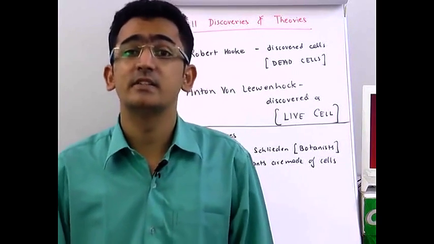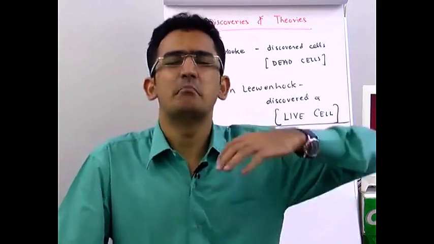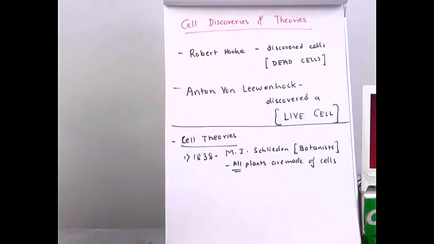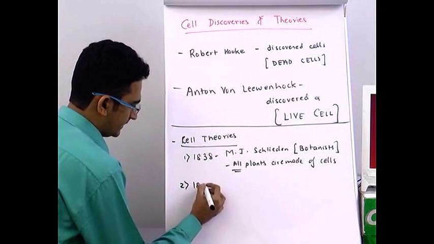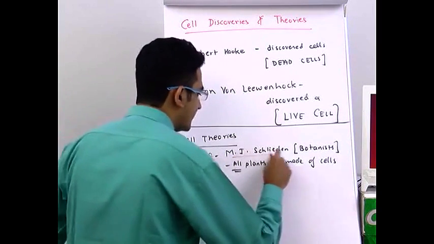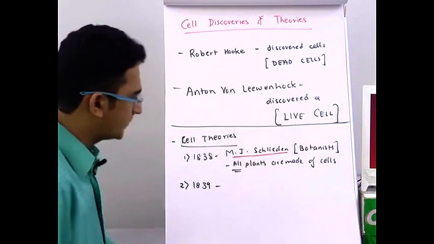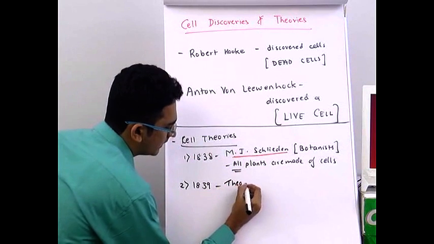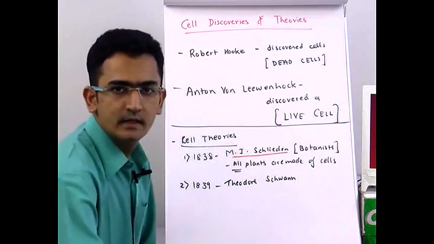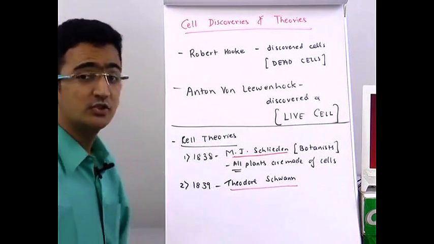It was a big scientific discovery which M.J. Schleiden had proved after doing multiple experiments on plants and declaring this. Then, in the next year, 1838 was after M.J. Schleiden, 1839 was another gentleman by the name of Theodor Schwann. This gentleman studied animals. He was a zoologist.